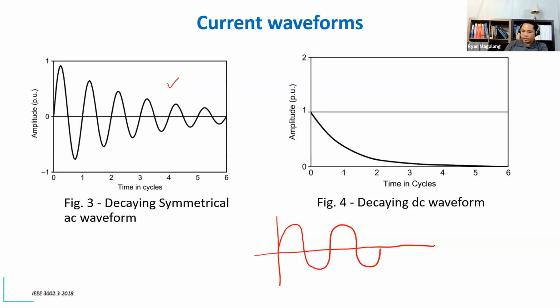It does not decay with time. It does not diminish. While your motors would last only a few cycles, 2 to 4 cycles at the most, and later on it's gone.